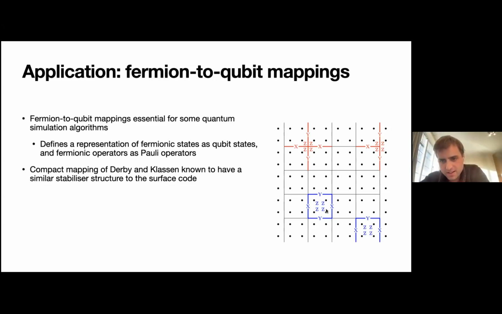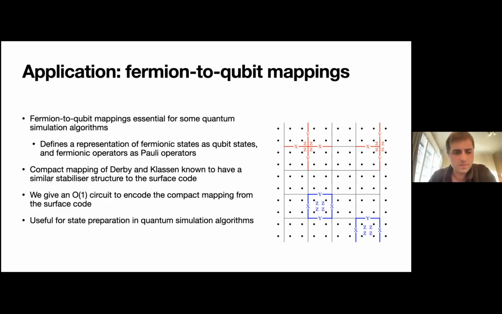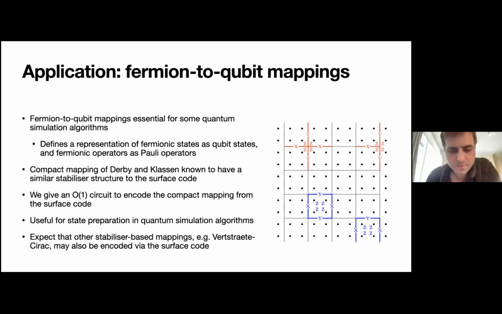We can show that explicitly here. These weight 8 stabilizers are very closely related to the surface code, so this is a natural application of these encoding circuits. We showed there's an order 1 circuit to encode the compact mapping from the surface code. This could be useful, say, for state preparation in quantum simulation algorithms, where it would be much more preferable to use a simple linear time encoding circuit than, say, state preparation and decoding with stabilizer measurement.